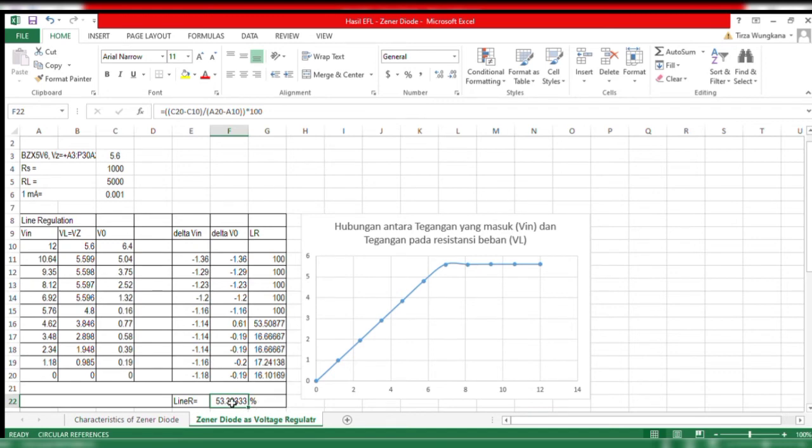You can get the value from the equation of delta V null divided by delta V in times 100, and this is the graph, the relation between voltage input and voltage on loaded resistance.